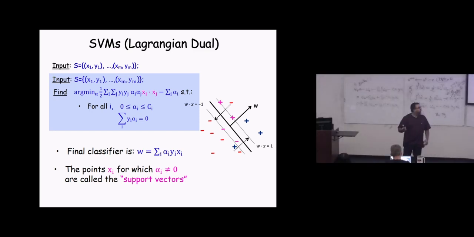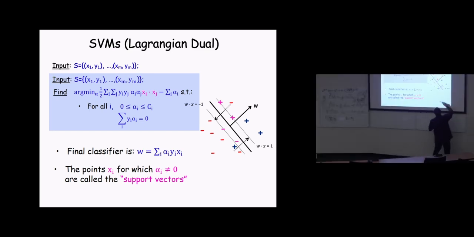And you know what? The alpha i's will not be 0 only for points that are on the boundary. For all the other points that are deeper into their region, alpha i's are essentially 0. You don't need to care about them. All you need to care about is those points that are near the boundary, because that's what decides the boundary.